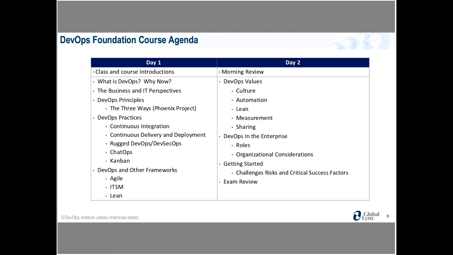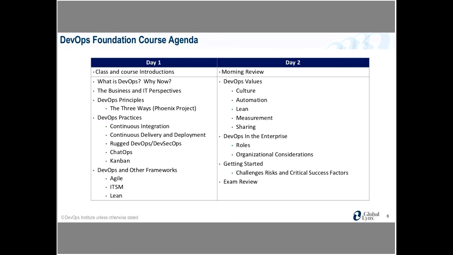Then we'll talk also about how DevOps applies to the company or organization. What are some of the roles? You may have heard the term DevOps engineer. If you go on LinkedIn and search for DevOps engineer, you'll find people that say that's their title, but we're going to learn about whether or not that is something that you should consider in your organization.